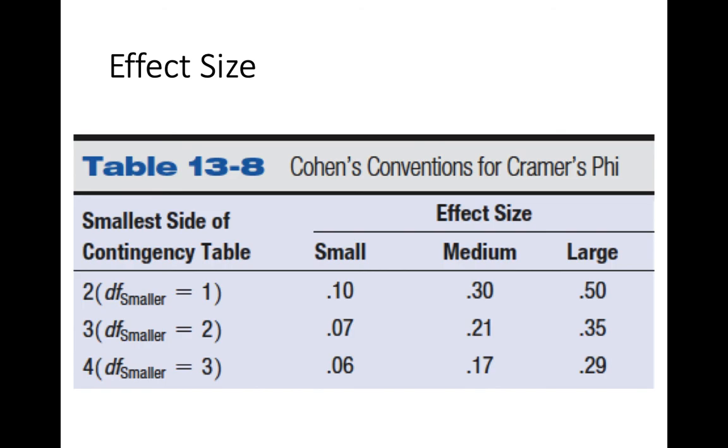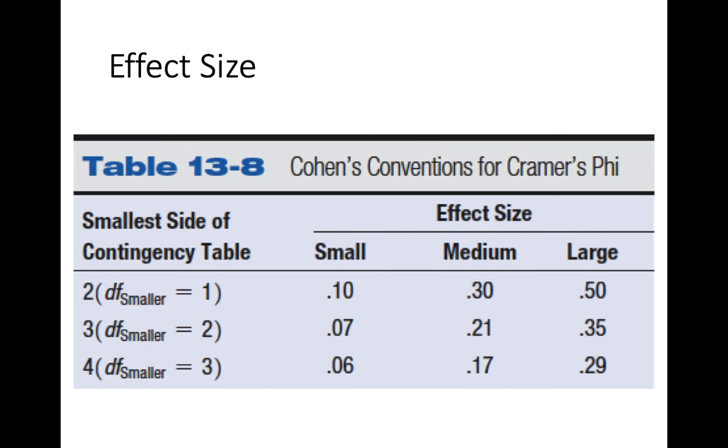If we desired to have a statistically significant result, and we still wanted to use the 0.01 because we wanted to be that much more confident in our result, we would have to get a bigger sample size. So a sample size of 150 or 200 would likely give us enough power, assuming, of course, we have this medium effect, to detect a statistically significant result at that 0.01 level.